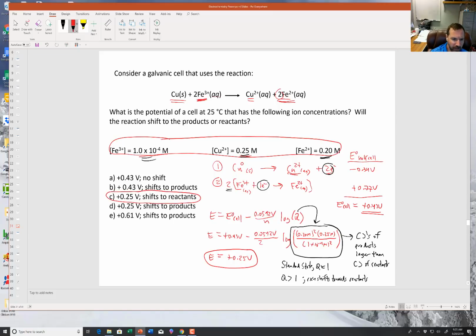And hopefully this makes sense. If the reaction shifts towards reactants, right, that means that we have a less spontaneous reaction.